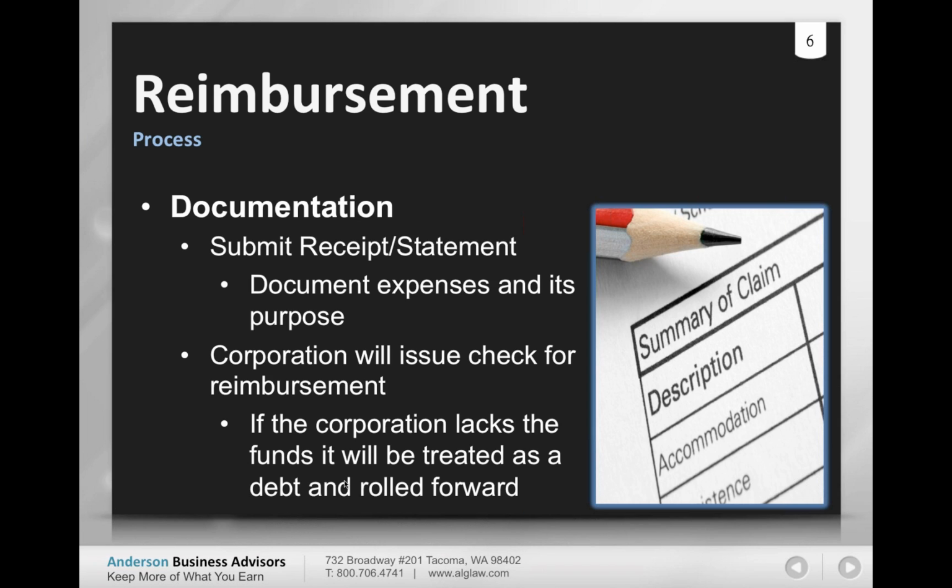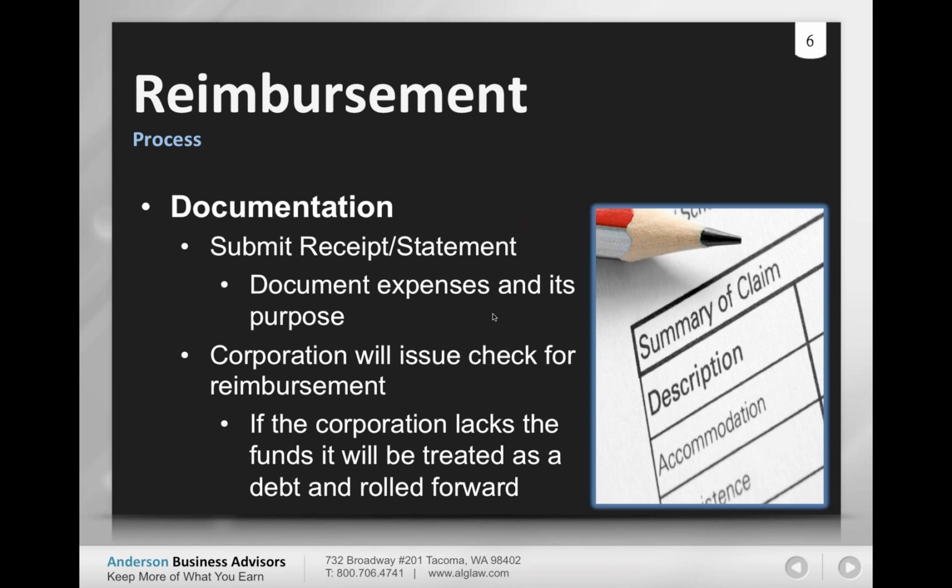Now, for a lot of us when we're starting out, because we have all of these expenses that we've incurred personally, there's not a lot of money floating around within the corporation, or the expense is too large where we don't have that $10,000 right up front to cut us a check. That's okay. That is treated as an expense debt for the business, and then that can be rolled forward to the subsequent year in order for us to be reimbursed.